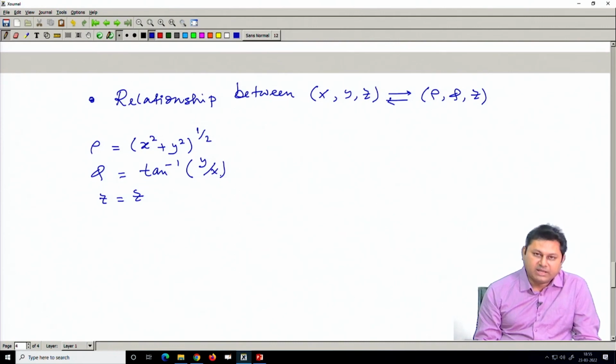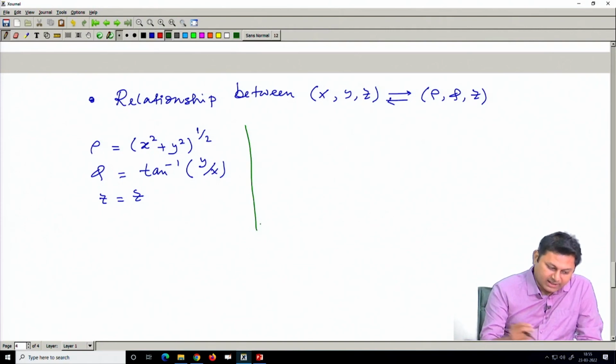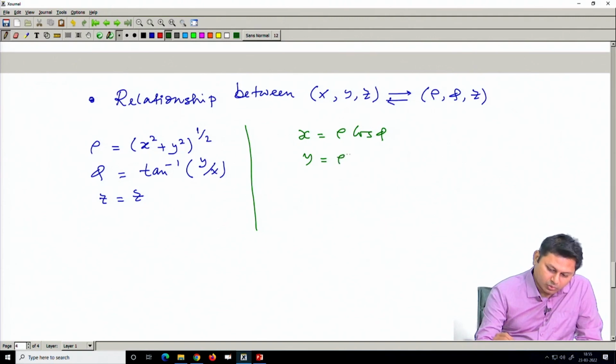So, if the x, y, z of a point is given to you, you can find out the value of rho, phi, z in the cylindrical coordinate system. In a similar way, I can have a reverse relationship, and that is x is equal to rho cos phi, y is equal to rho sin phi, and z is equal to z.